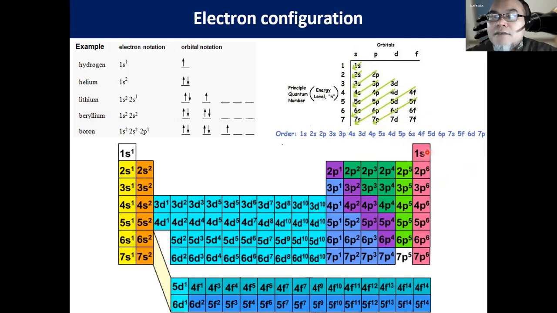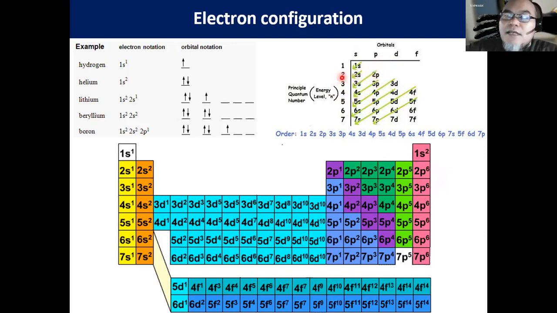And afterwards, after the second row, neon. Neon has all of the second shell filled. So the 2s is of course filled, and then the second subshell.